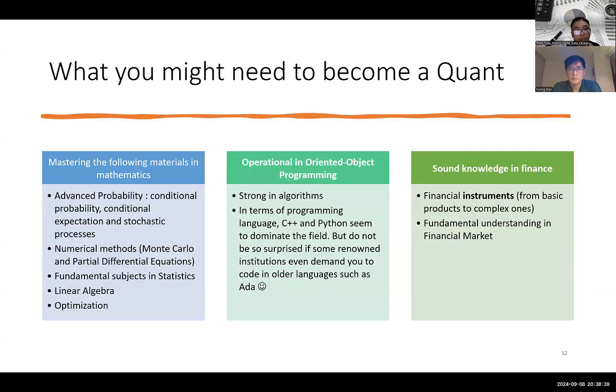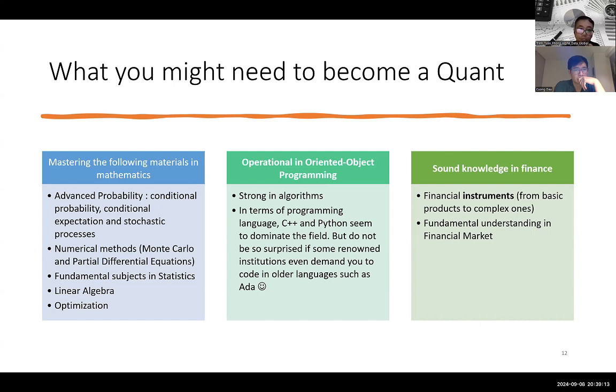And I would like to come to the part that I mentioned before. I think there are three important aspects to consider here. The first one is mastering certain materials in mathematics. Advanced probabilities, like conditional probabilities, conditional expectations, and stochastic processes.